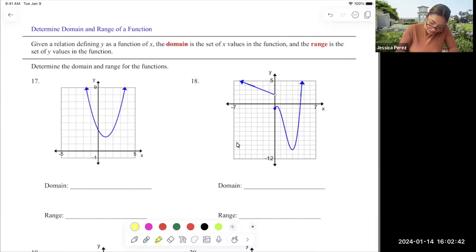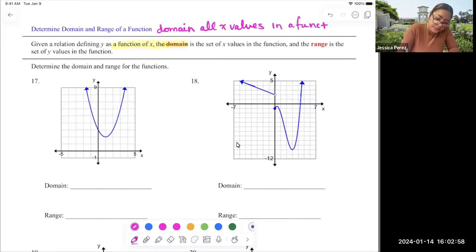The domain is going to be all the values of x. So the domain are all the x values in a function. And then here I'll have the range: the range are all the y values in a function.